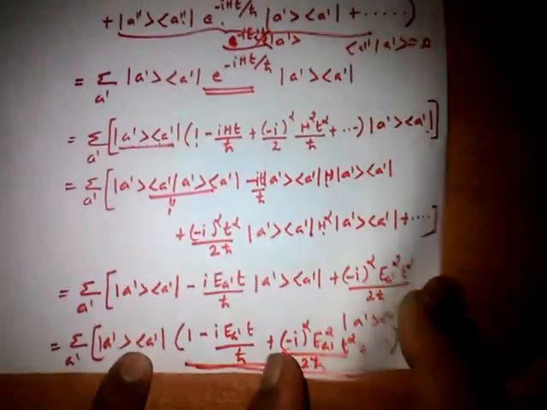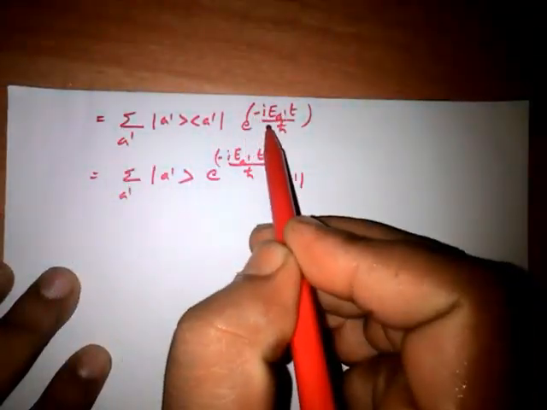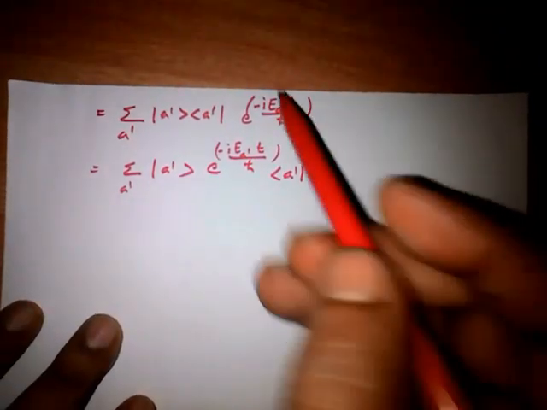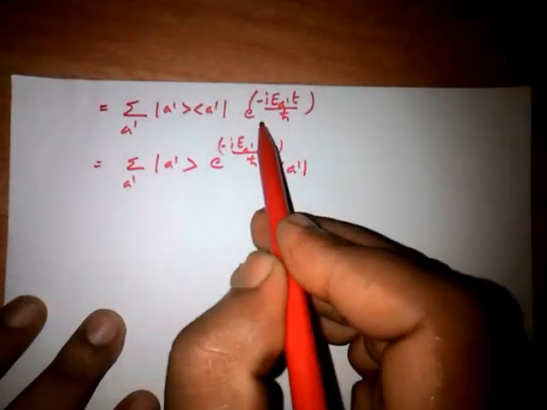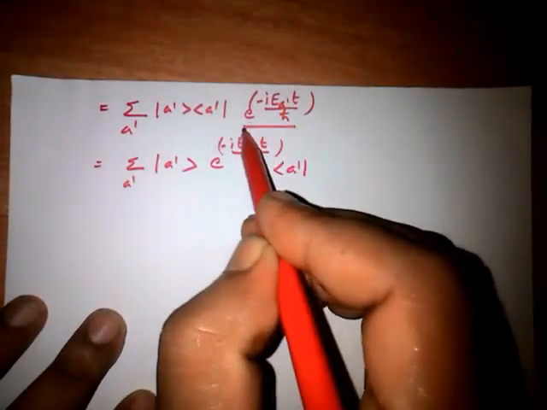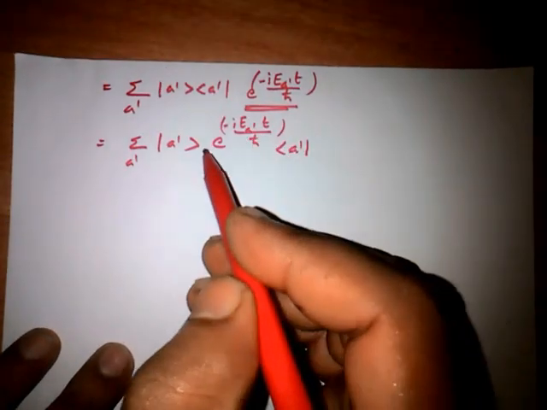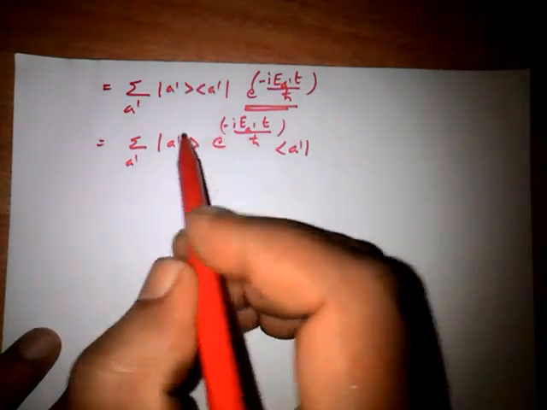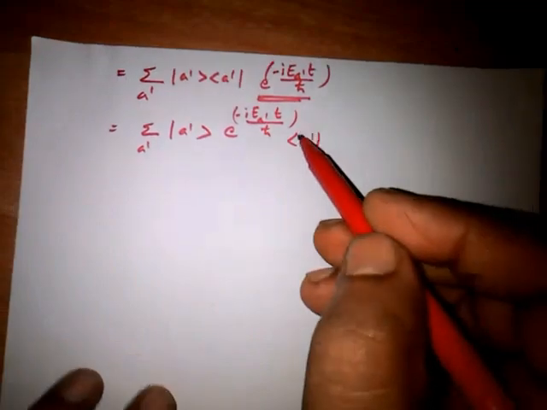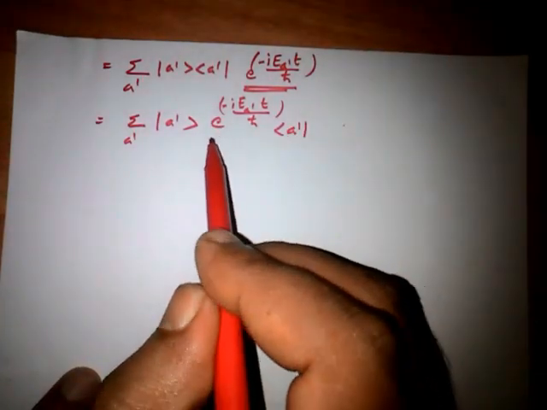This term is e raised to exponential minus i E a dash t divided by h cross. This is an eigenvalue, it's a complex number, so we can write it wherever we want, maybe in between this outer product or right after this outer product, it doesn't matter in which way we are writing.